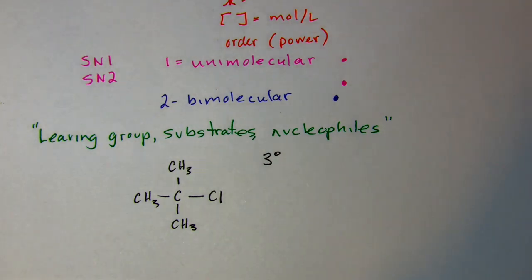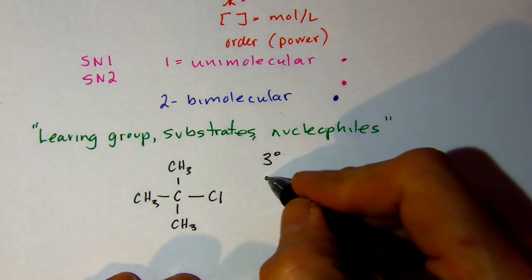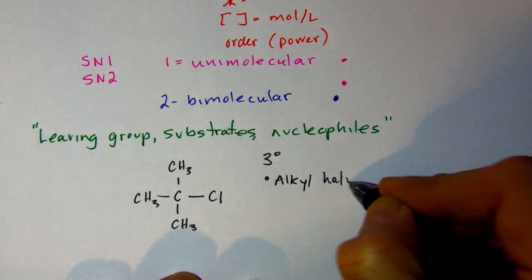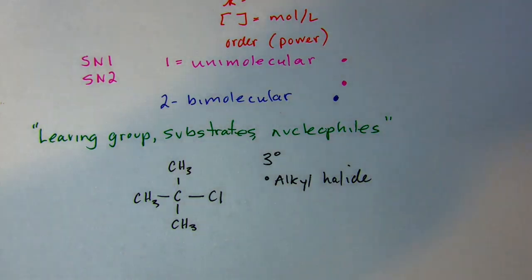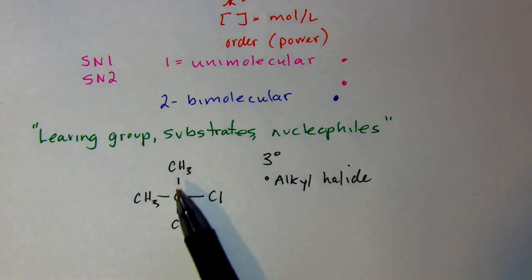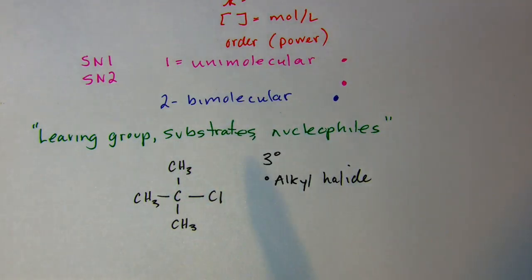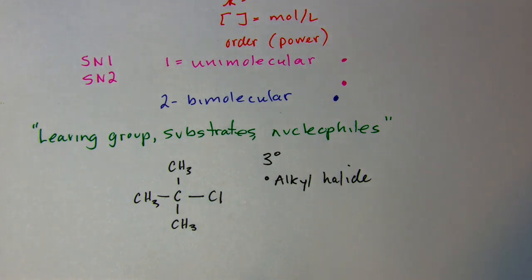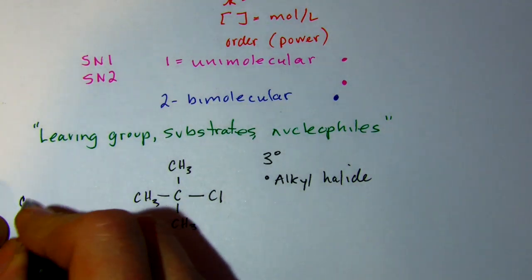It has 3 other carbons attached to the central carbon. Okay, it's also called an alkyl halide, and that's a standard thing in organic SN1 reactions. Is the alkyl, right? Alkane, single bond. Halide is Cl, and the idea is that this tertiary alkyl halide is attacked by what's called a nucleophile.